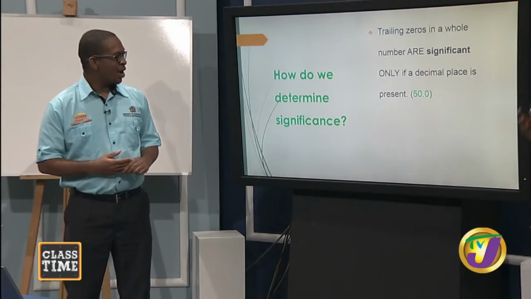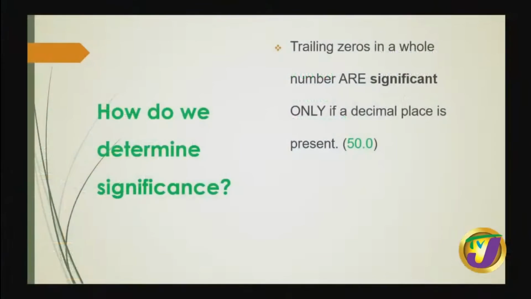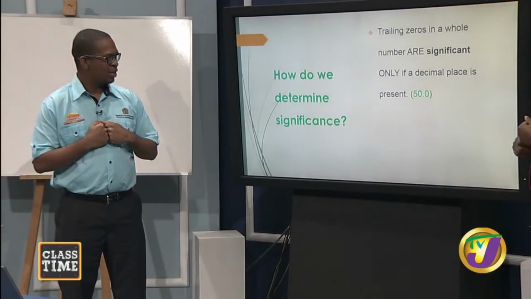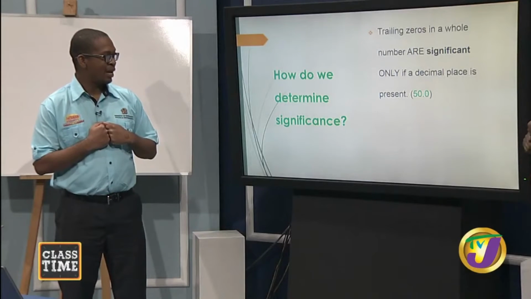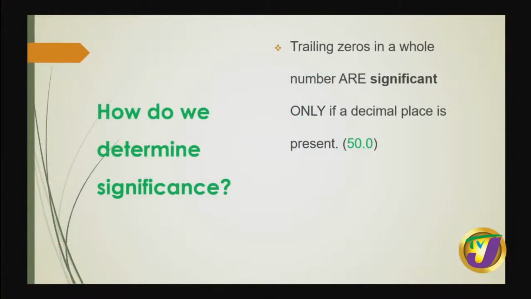Trailing zeros in a whole number are significant only if a decimal point is present, as in this case. Say, for example, I am rounding off 49.999 to the nearest tenth.